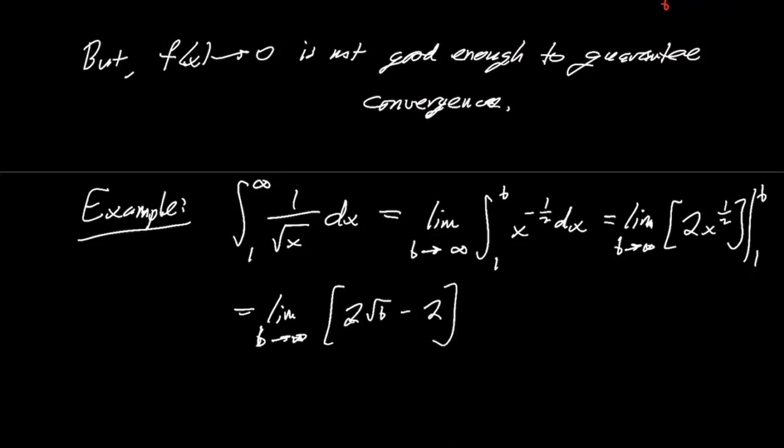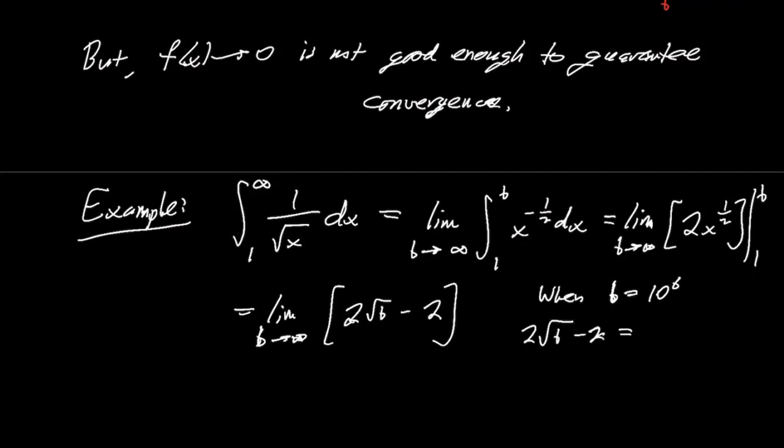And now look what happens as b gets large. When b is 1,000,000, let's say, when b is 10 to the 6th, then 2 root b minus 2 is 2 times 1,000, since the square root of 1,000,000 is 1,000.